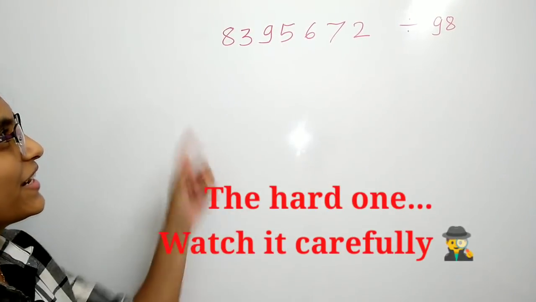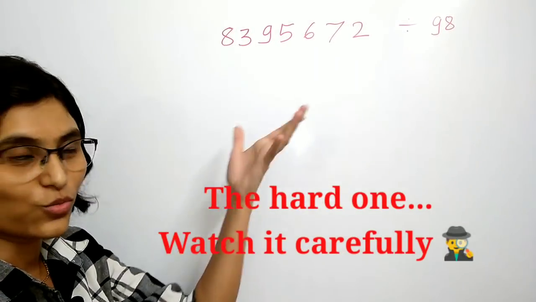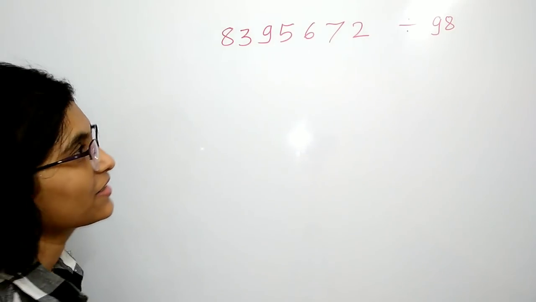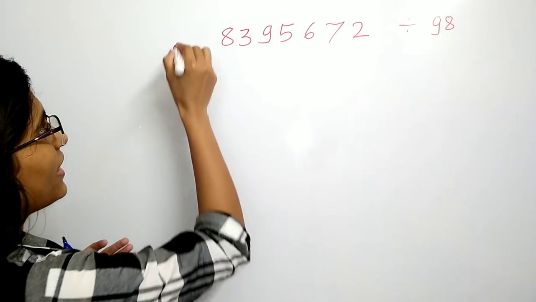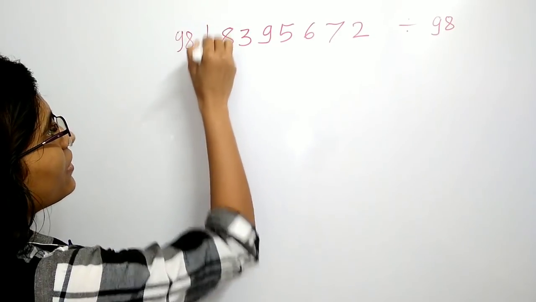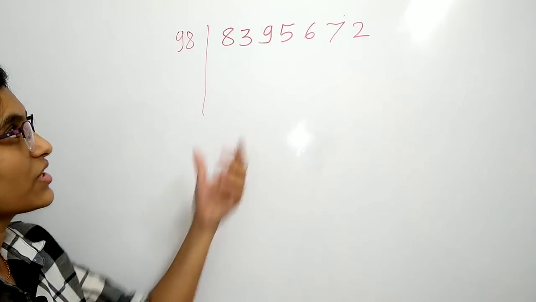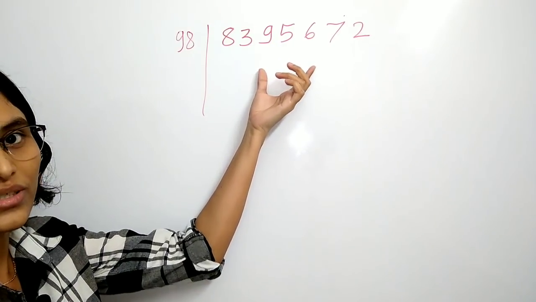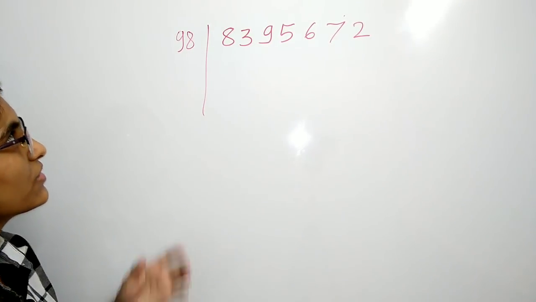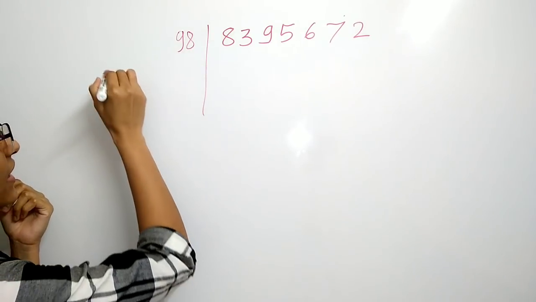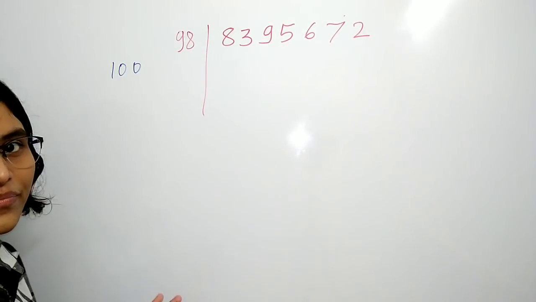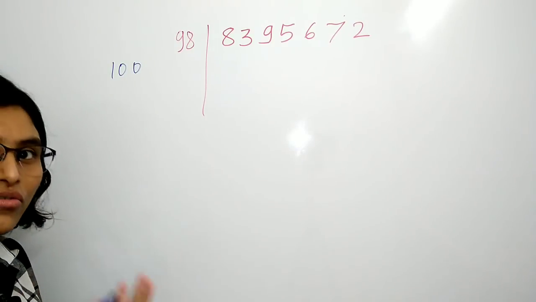Finally, look at the number 8395672 divided by 98. Now just write 98 over here. Now the next step is we just have to take the partition of these numbers into digits. But how to do this? Just note that this 98 is closer to 100 and 100 has 2 zeros.